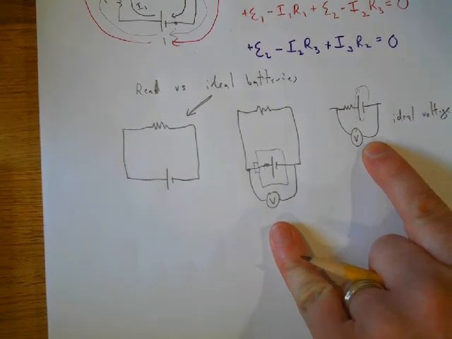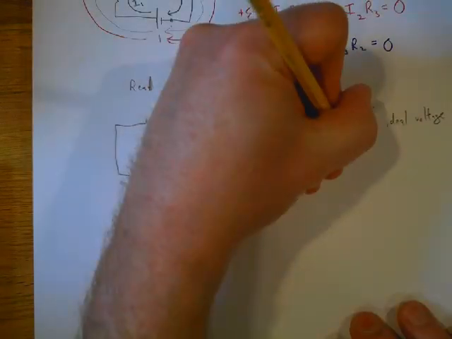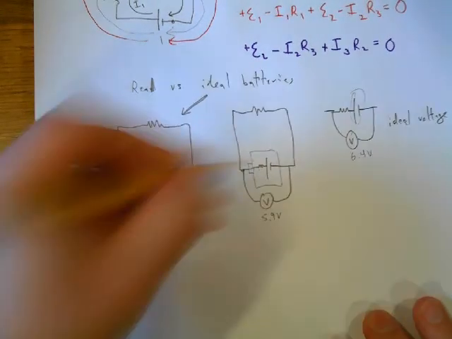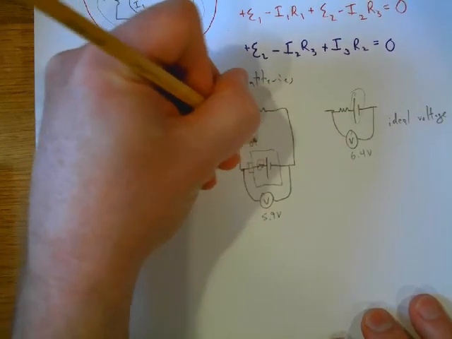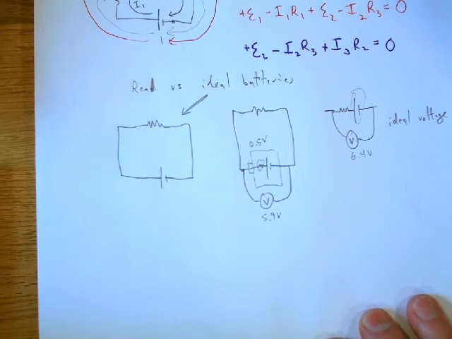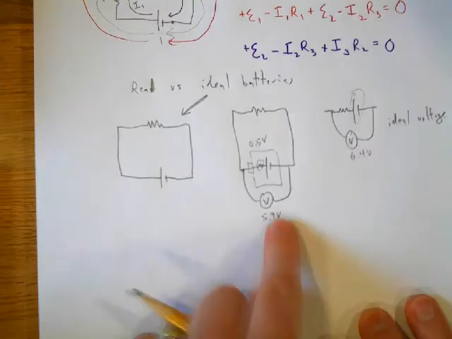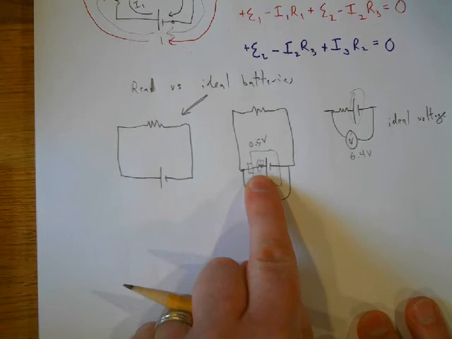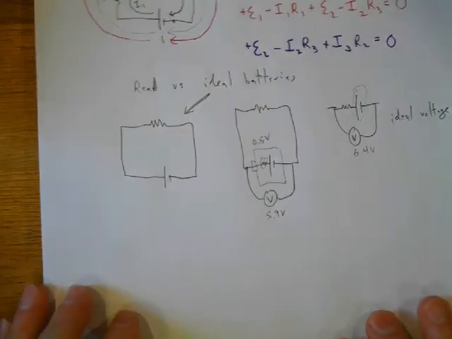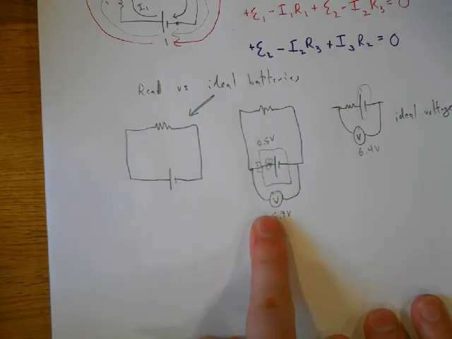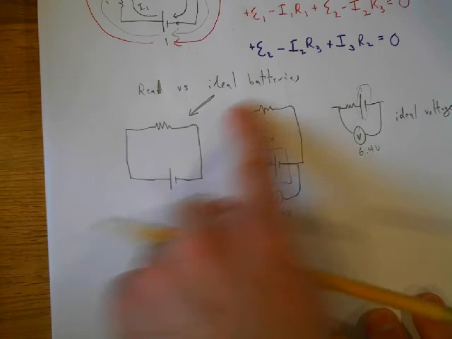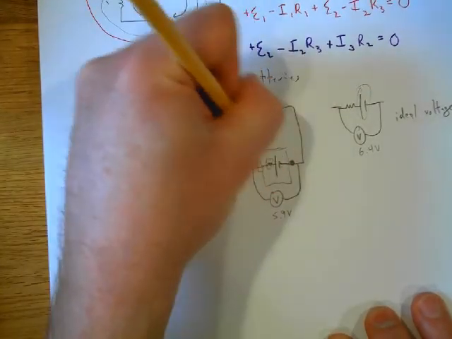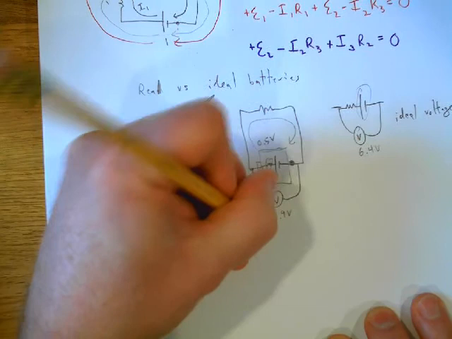Because this little internal resistor is eating up some of that voltage. If you found your potential difference here and here, let's say this is 6.4 volts and this is only 5.9 volts, that means that this guy is eating 0.5 volts. If you know the current and the voltage across there, you could find the internal resistance. That's one way you could do that. But hopefully that makes sense.